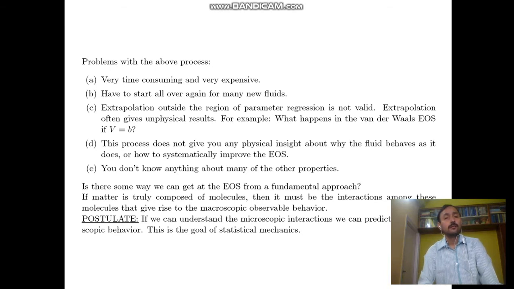The postulate: if we can understand the microscopic interactions, we can predict the macroscopic behavior. This is the goal of statistical mechanics. That means from understanding the microscopic interactions, we could predict the macroscopic behavior of the system.